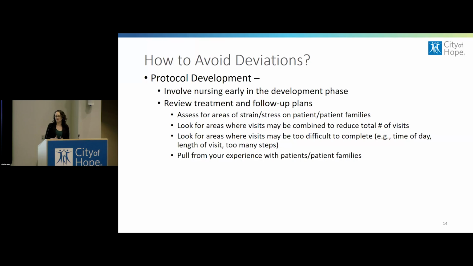Maybe it can be day 14 plus or minus 2 days, just to allow for flexibility. Because please note that if it says day 14, it has to be on day 14 if there's no window, and things happen: cars break down, kids get sick, and patients may need to come in a day early or a day late. Having that window will allow for that flexibility.